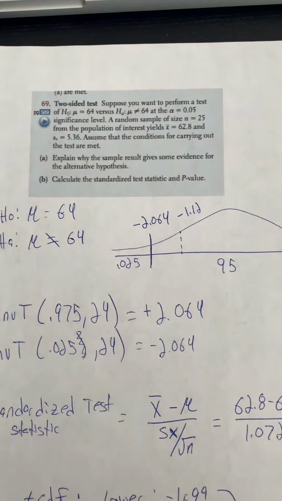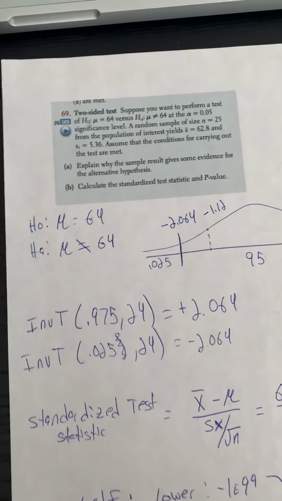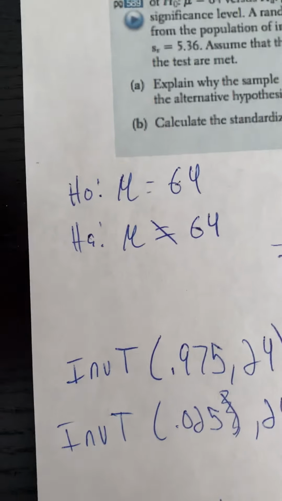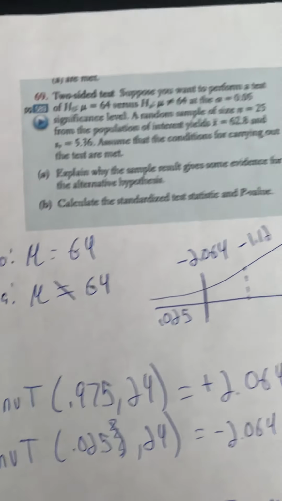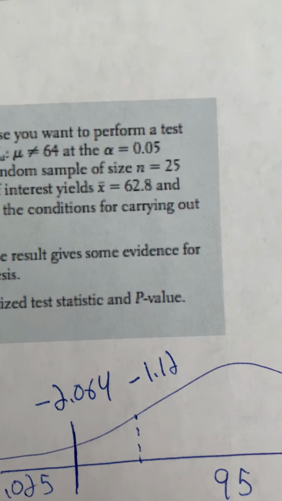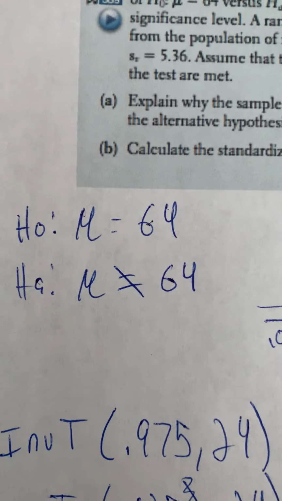So A says explain why the sample results give some evidence for the alternate hypothesis. Well, let's look at the alternate hypothesis. The alternate hypothesis is that the population mean is not 64. Let's look at the sample results. The sample results have a mean X bar of 62.8. 62.8 is not 64.